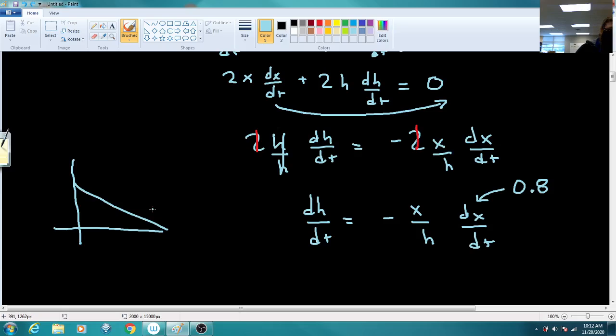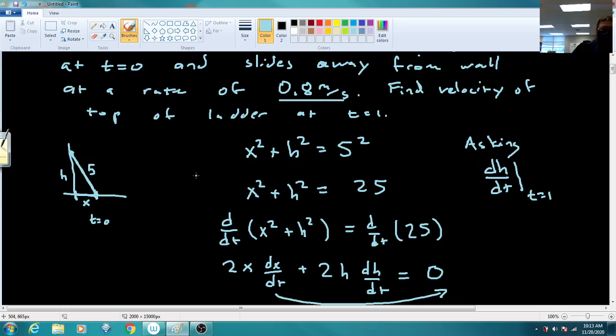This is probably way too drastic of a slide, so let's say maybe it's more like that. So we'll say at time equals 1, we need to figure out what's the x value here, and we know that the ladder itself is 5, so we need to figure out what's the x length and what's the height.